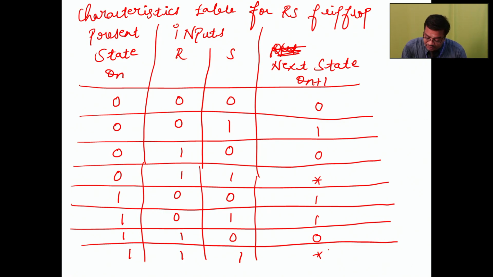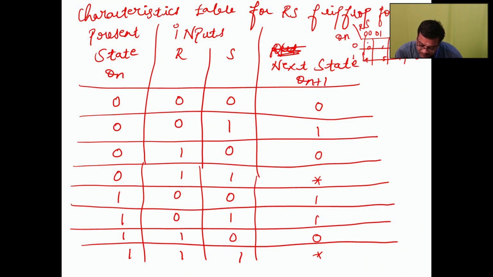By using this we are going to derive the characteristics equation. We are going to use a 3 variable K-map here, for Qn plus 1, with Qn along one axis and S R as 0 0, 0 1, 1 1, 1 0, and cells numbered 0 1 3 2 4 5 7 and 6.